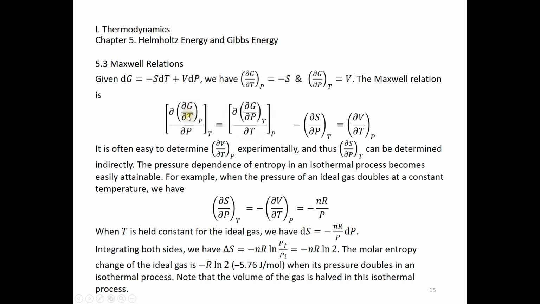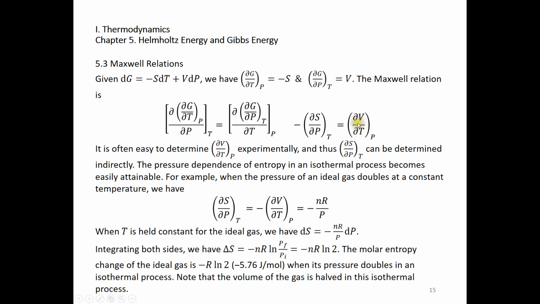Delta G over delta T at constant pressure is negative entropy. Delta G over delta P at constant temperature is just volume. So going from here to here, it's pretty simple. We just replace delta G over delta T with negative S, delta G over delta P with V. So we have this equation. And it's pretty easy to determine delta V over delta T under constant pressure condition.